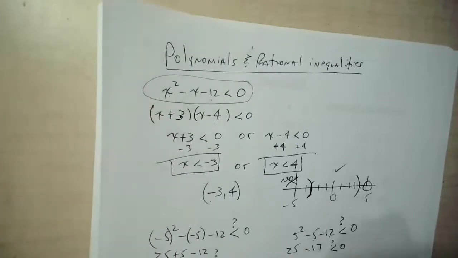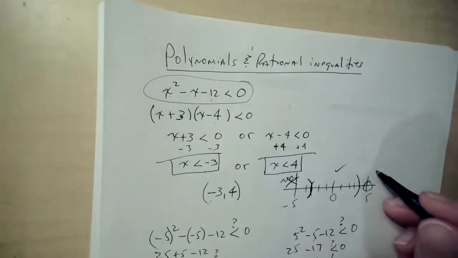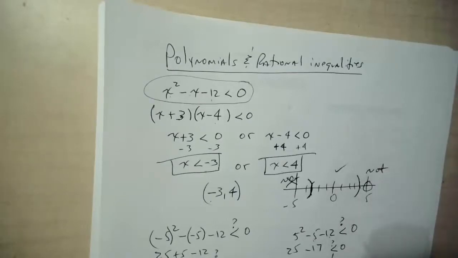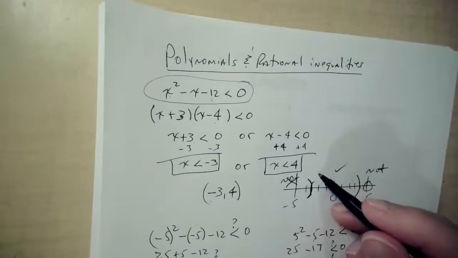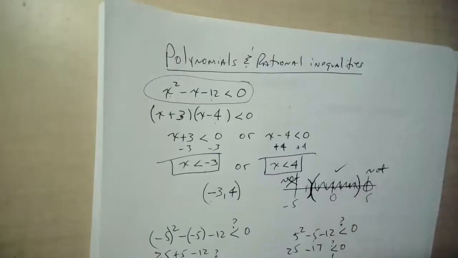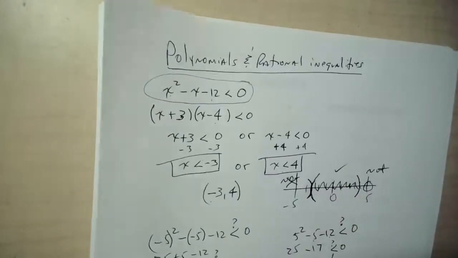Is that less than 0? 25 minus 17 is, was it 8? 8 is not less than 0. So this is not in our area out here. So it's only these numbers in here. Only those.